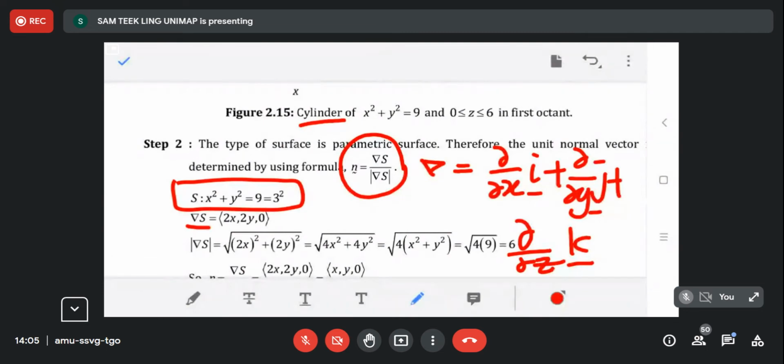Still remember your del phi? Your phi is a surface. So now we use S. So del S. So del, you can see this one is del times S.